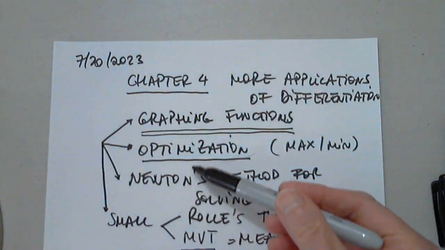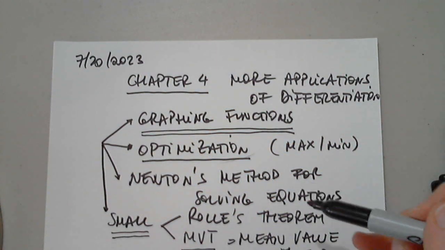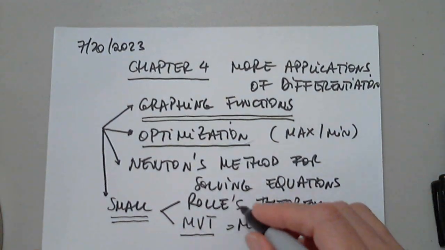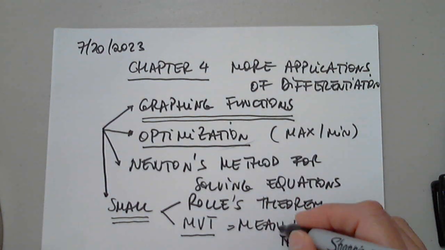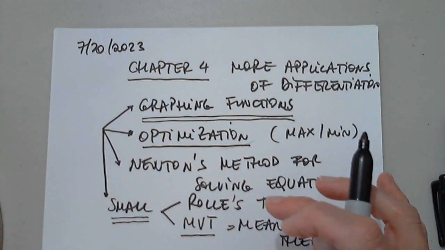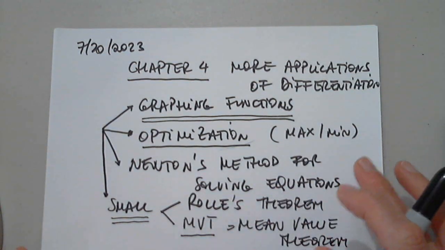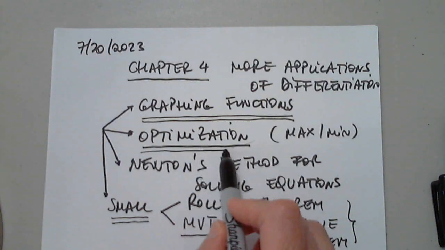But these are the major topics. With these 2 theorems, we're not going to apply them in any specific problems. We're just going to learn what they are and how to apply them in simple applications. Nothing sophisticated here.